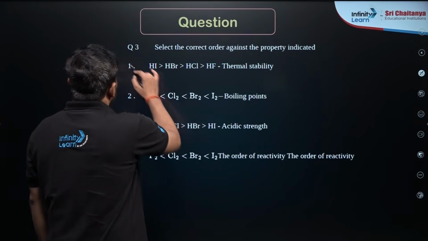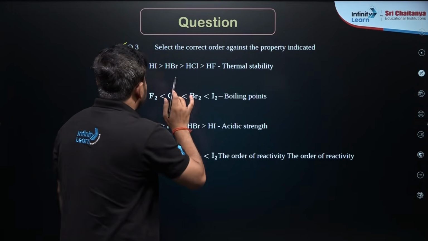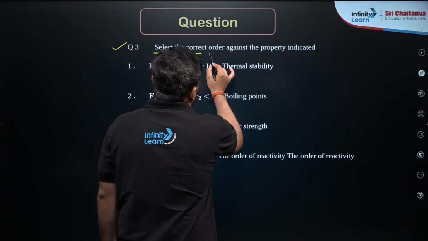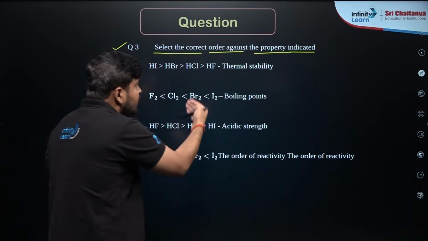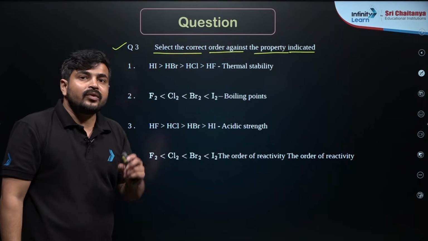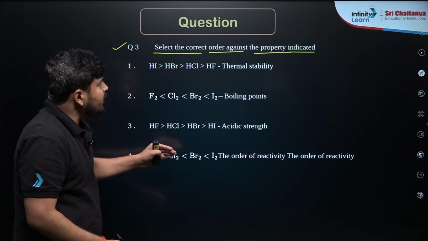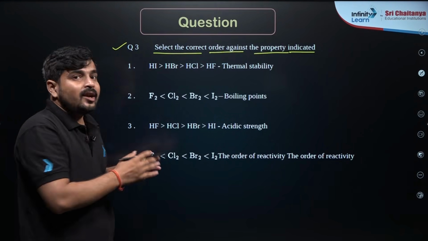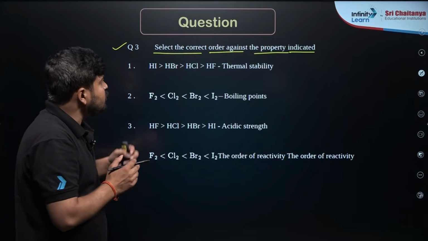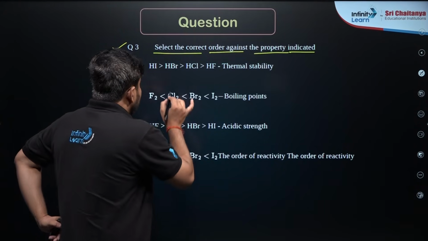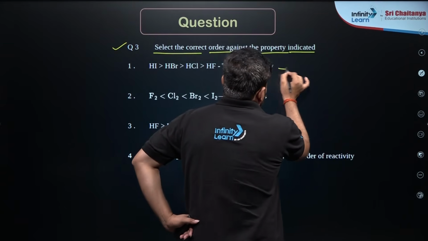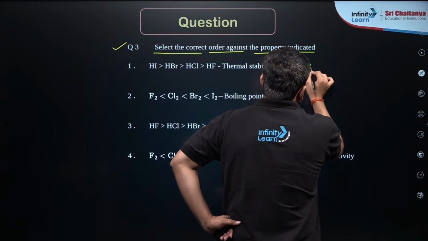Now the third one. In this question, what is given? Select the correct order against the property indicated. Whatever property is given here, we compare all the properties and identify which order is just opposite. Thermal stability basically depends upon the bond dissociation energy.